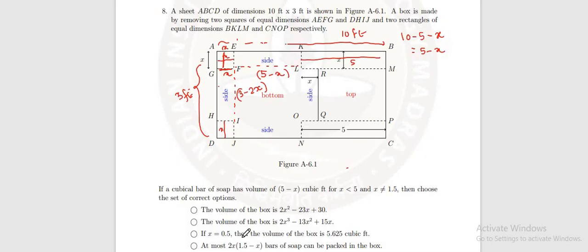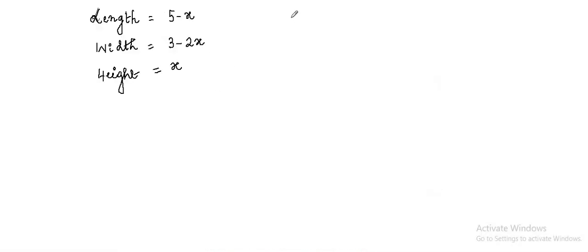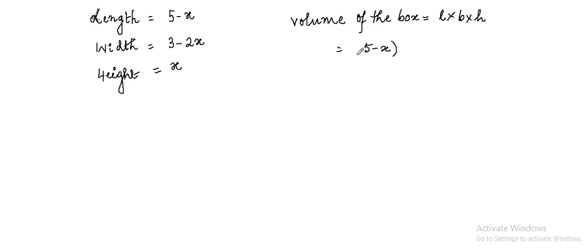Now let's see what the options are asking. The volume of the box we have to find. Because this is taking the shape of a cuboid, the volume of the box will be equal to length into breadth into height. We already have obtained the expressions, so let's substitute 5 minus x into 3 minus 2x into x.